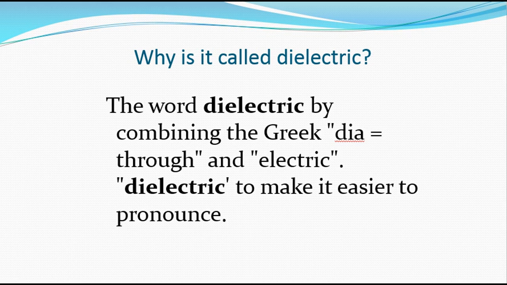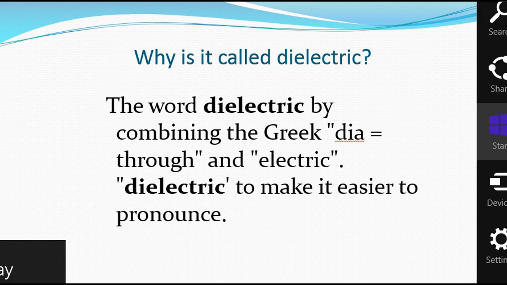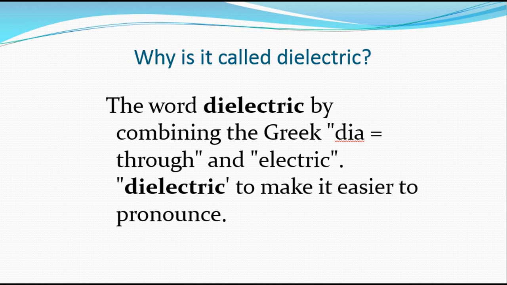Once they combine, it forms what we call dielectric. In dia, it has the A, and when combining it with electric, the A has been removed and it is called dielectric, to make it easier for us to pronounce. That is why it is called dielectric.